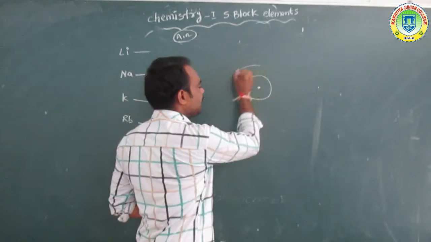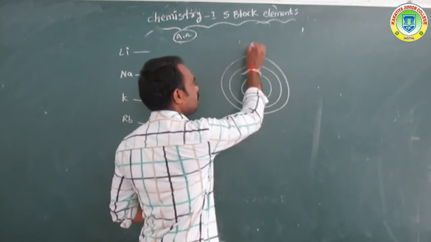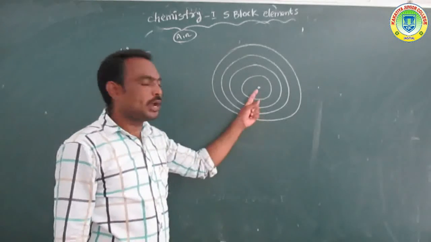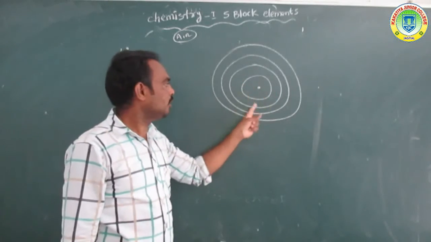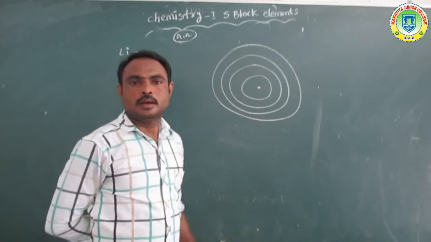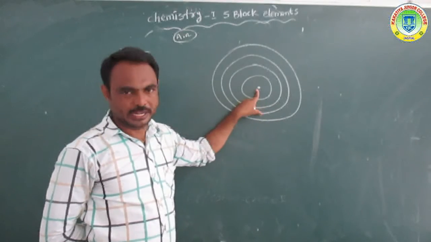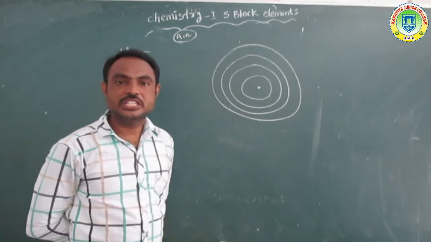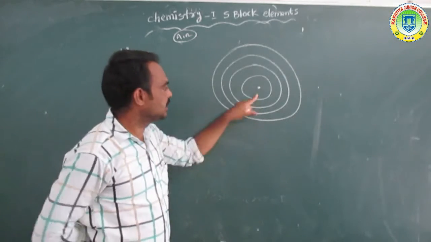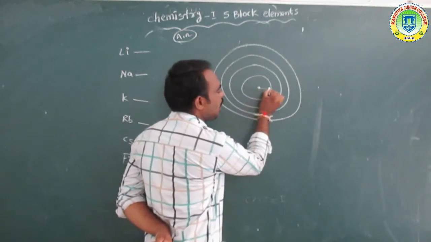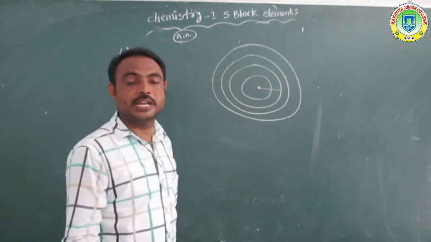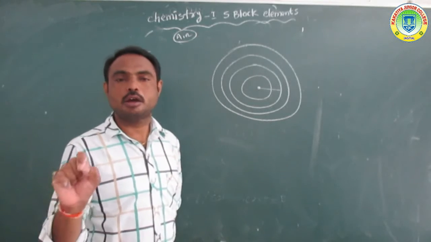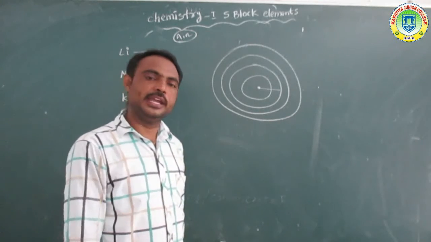So these are all different shells or orbits. So the electron moves around the atom at the center. So overall, the distance between the central to outer shell of the electron is called atomic radius.